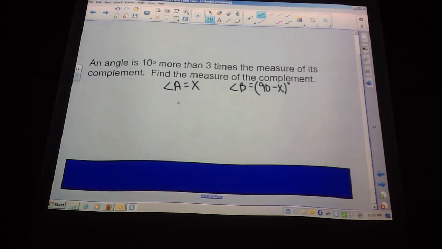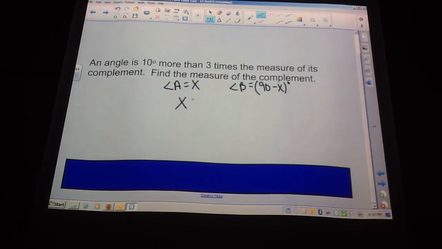So we're going to list angle A as x is equal to 3 times the measure of its complement, or 10 more than that. So we're going to list 10 plus 3 times angle B, which would be 90 minus x.